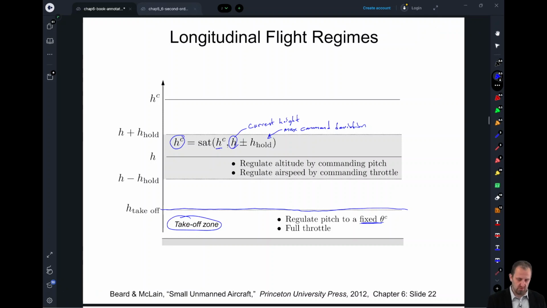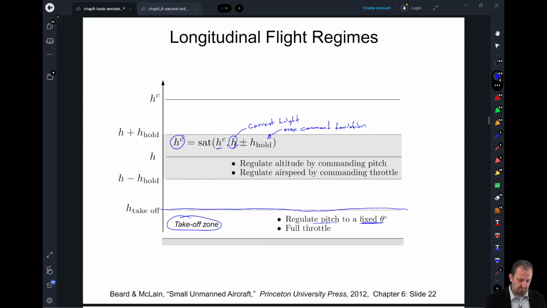The other thing it's going to do is help us to avoid having our pitch angle get too large. It makes it so that we're not trying to pitch up all the way and shoot off like a rocket, because most of our small unmanned aircraft aren't able to do that.